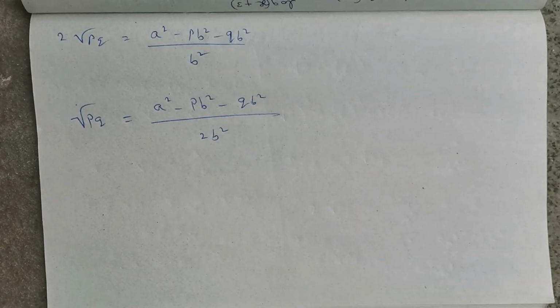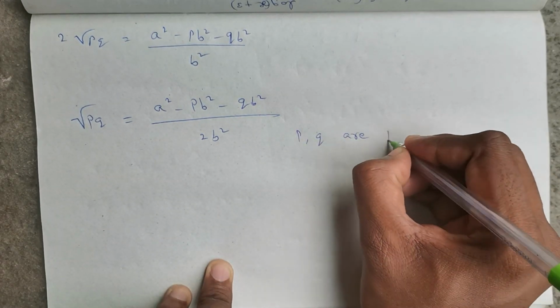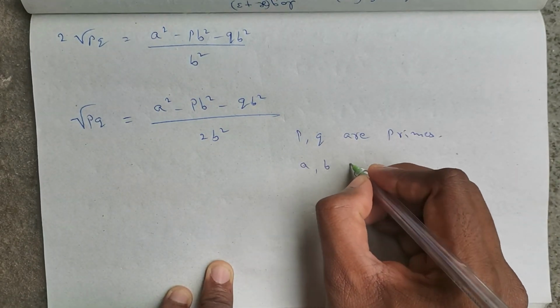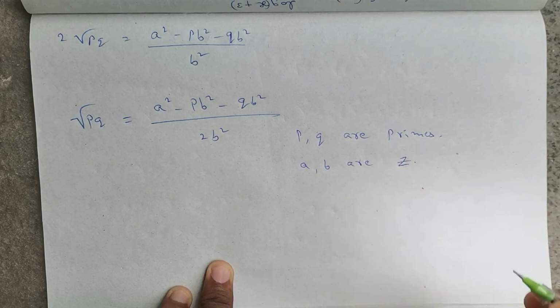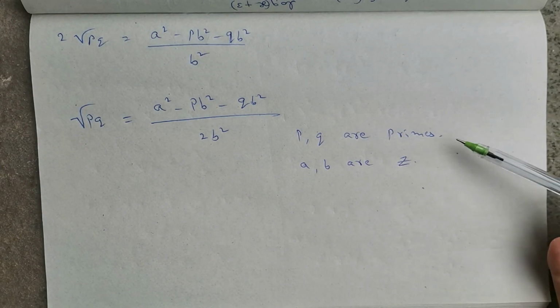And in the question he clearly mentioned that p and q both are prime numbers. And already we know that a, b both are integers, so it means these are real numbers, integers also real numbers only.